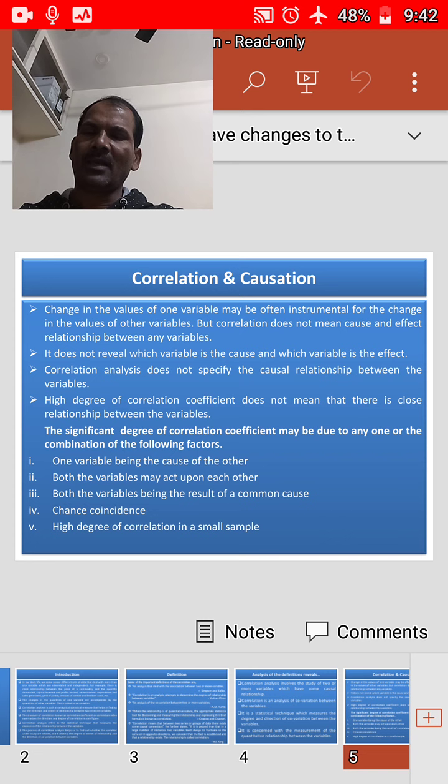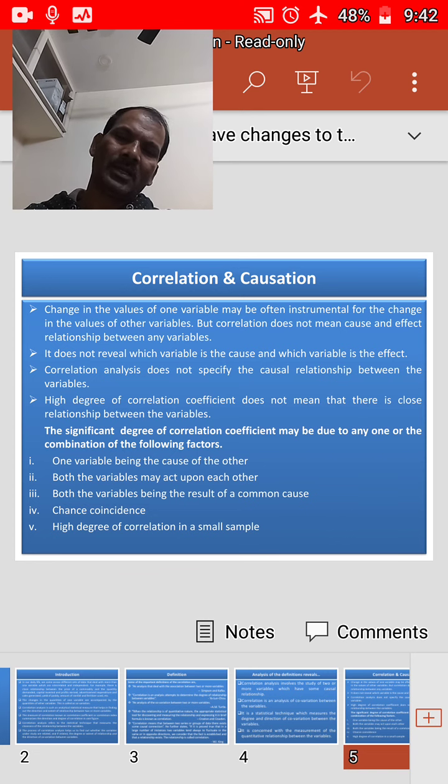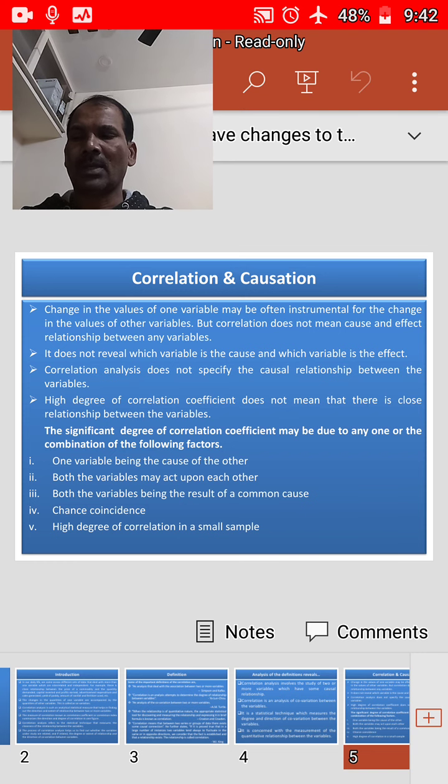Here rainfall causes the agricultural production. If rainfall is adequate, then there may be a chance to get more agricultural production. But because of agricultural production, there is no rainfall.